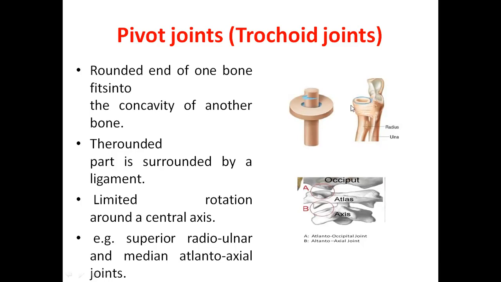But here the round part of the bone, which fits into the concave part of another bone, is surrounded by a ligament, and it shows a limited rotation around the central axis. Examples are the superior radioulnar and median atlantoaxial joints, that is between the axis and atlas of the spine.